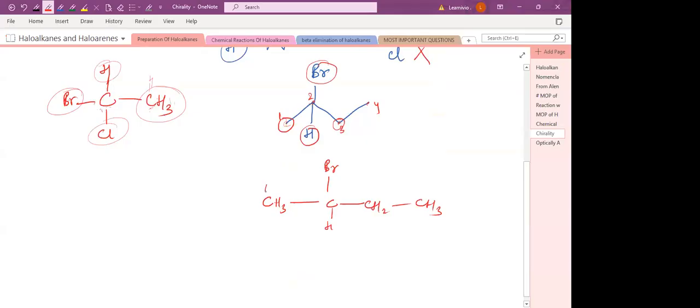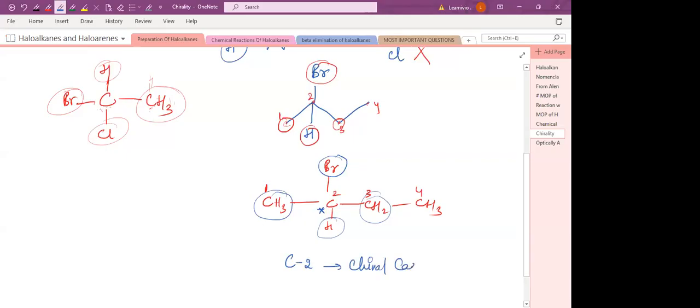Now check the second carbon. The second carbon has 1 bromine group, 1 CH3 methyl group, 1 hydrogen group, and 1 CH2. All groups are different, right? So this carbon is known as chiral carbon. So you can say the second carbon is chiral carbon.